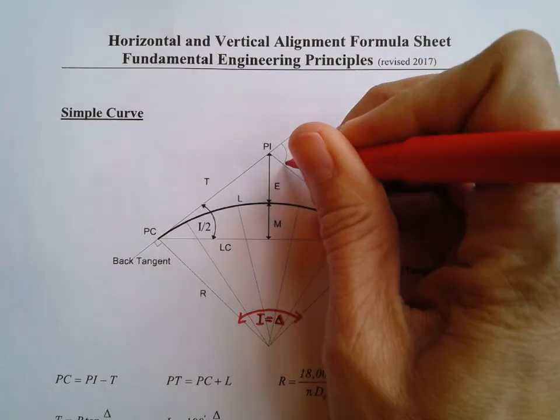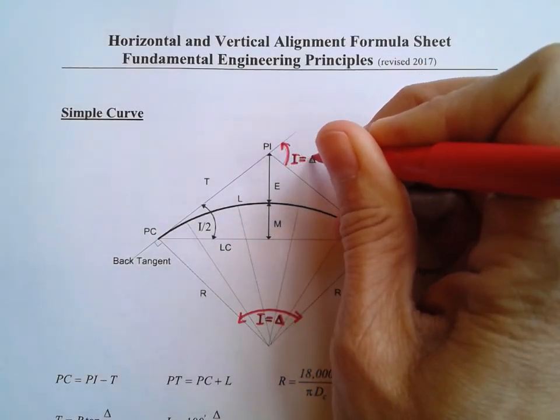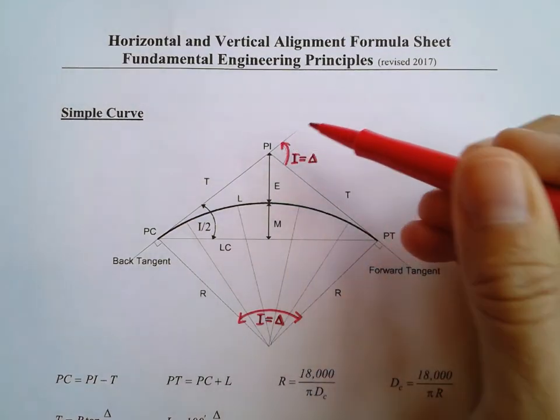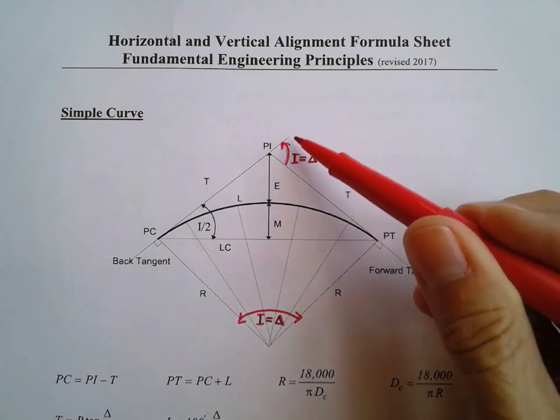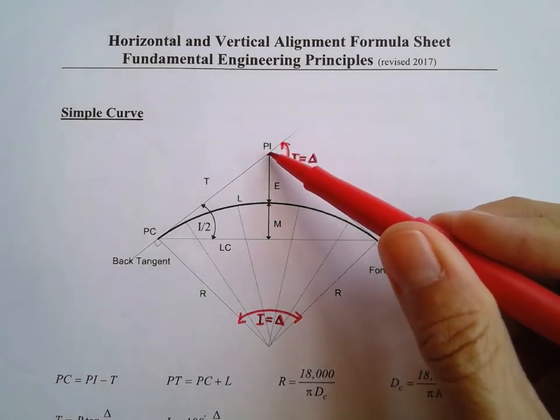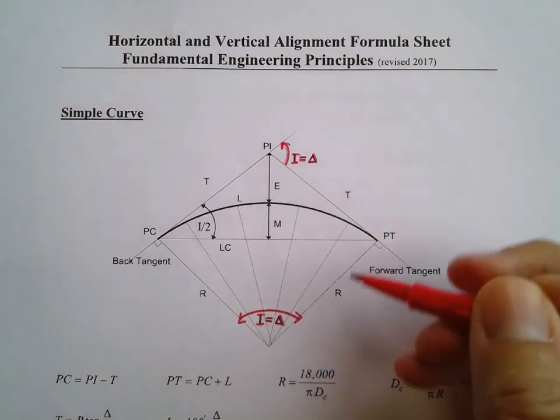It's also the same as this angle up at the top of the curve, the angle that's formed between the forward tangent and the backward tangent, usually drawn right here to the right of the point of intersection. So that's one piece of information that was given to us.